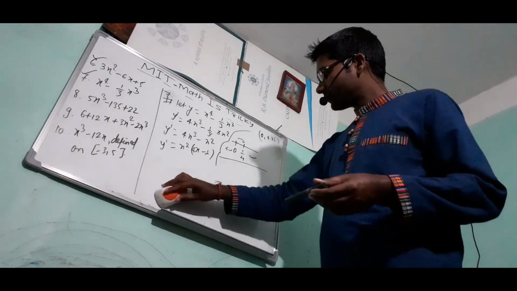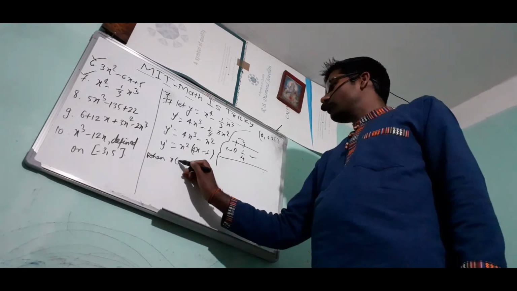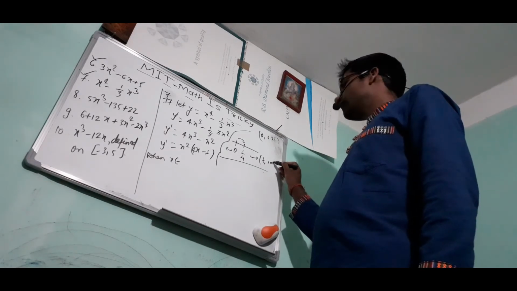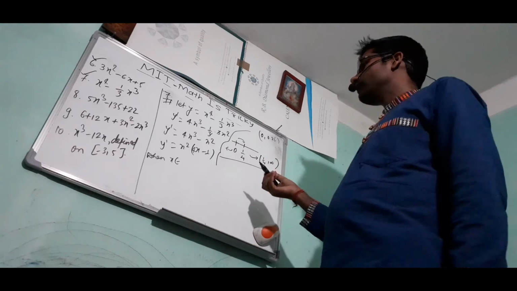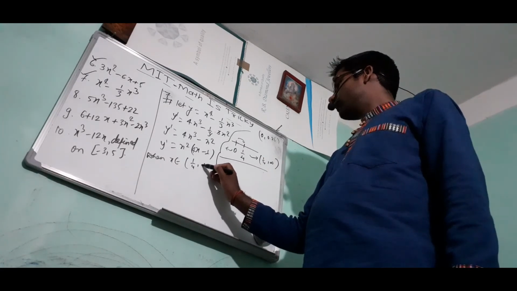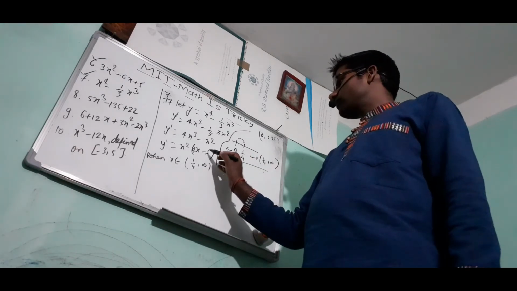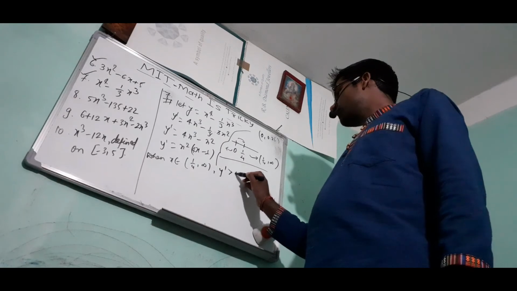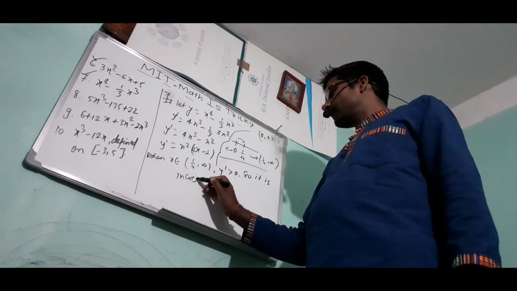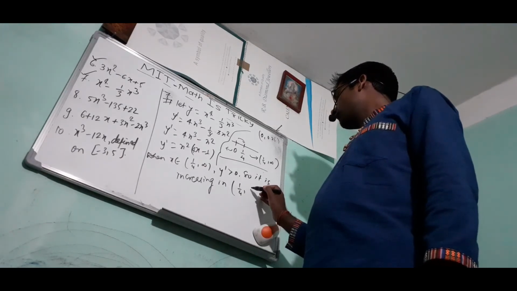Let's check there. When x belongs to the next interval, 1 by 4 to infinity, if we take more than 1 by 4, then 4 minus 1 is going to be positive, y dash is positive, so it is increasing in the interval 1 by 4 to infinity.